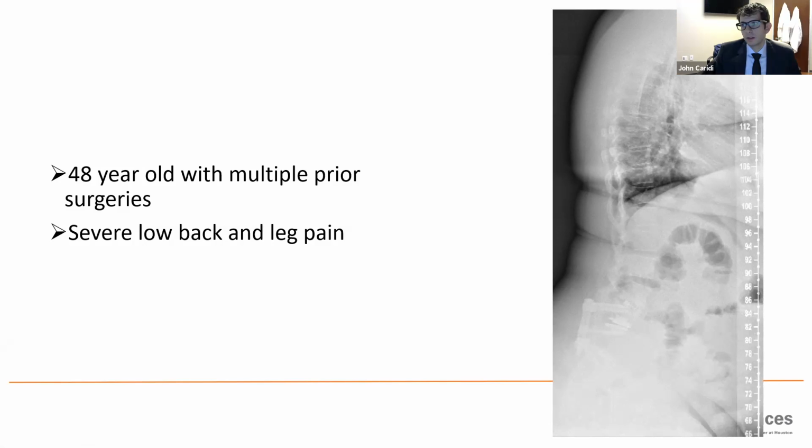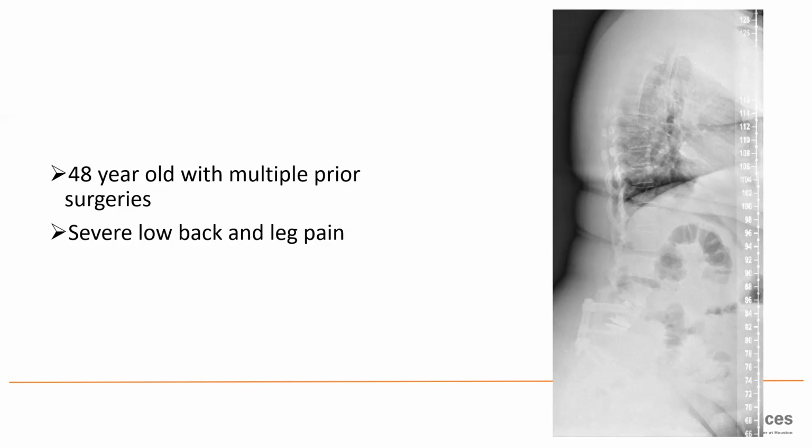So, what about choice of approach? Back, front only, back only. What would people do here? Is this a good candidate for, say, an anterior column release and percutaneous fixation from L2 to S1?